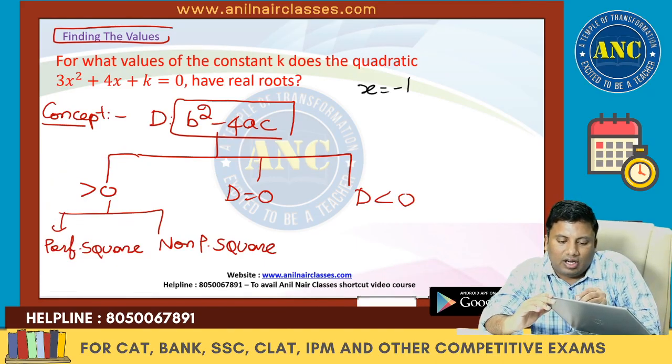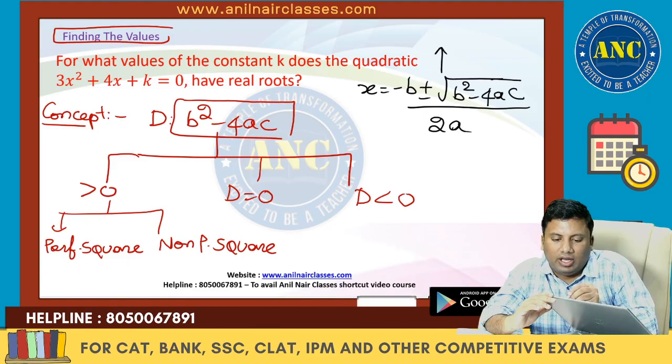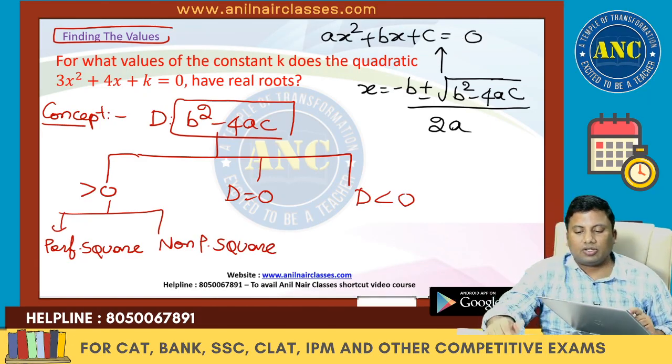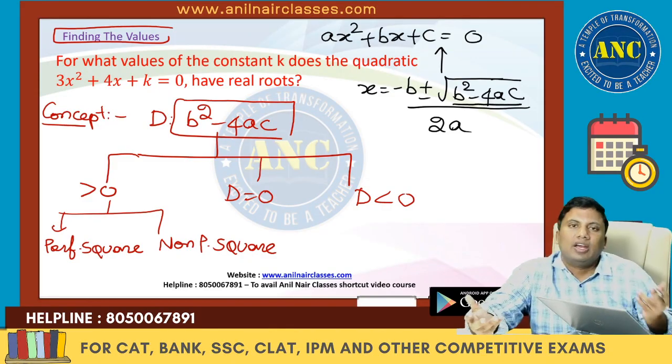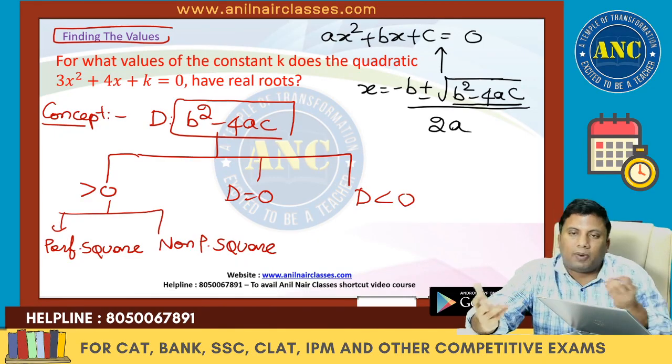From where we got it, it is nothing but minus b plus or minus root of b square minus 4ac by 2a. This is how you determine the roots of the equation ax square plus bx plus c. This can be a perfect square, root of 4 is 2, root of 9 is 3. This can be a non-perfect square.